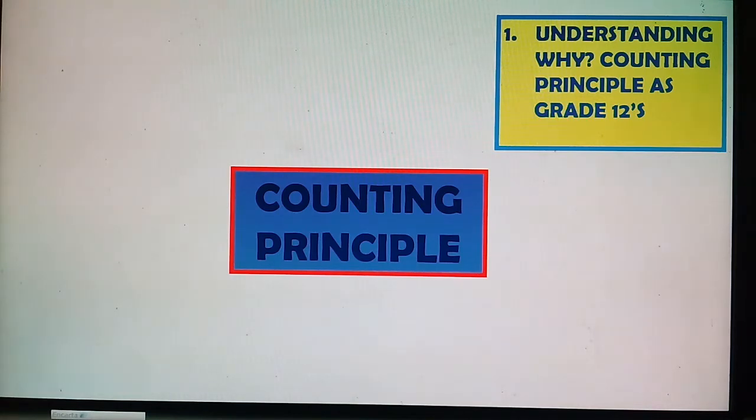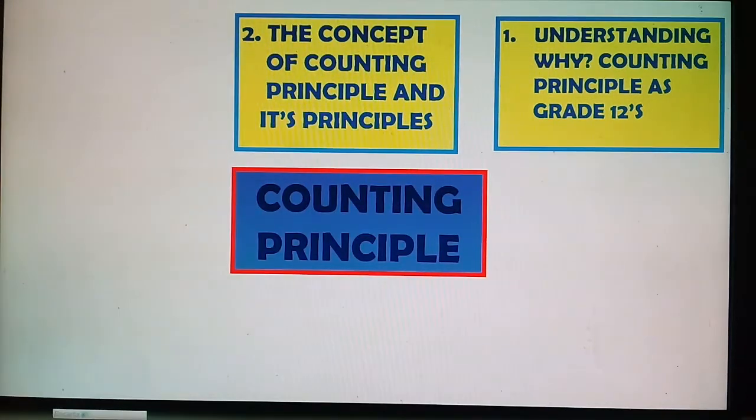The second one, we need to understand the concepts of counting principle and its principles. As it is called a counting principle, there are principles for it to follow.